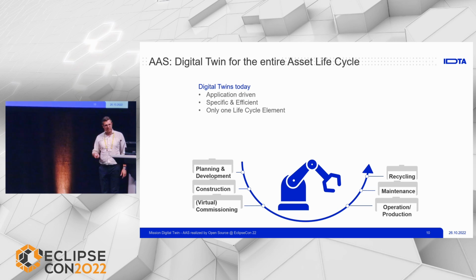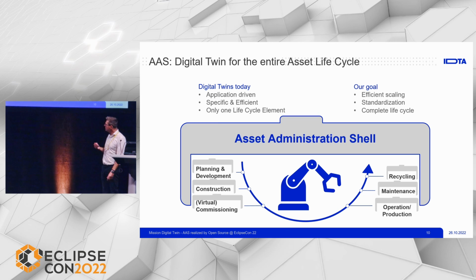But what's new with the asset administration shell? The idea is to make these different digital twins interoperable with each other. So we need one meta standard over these different digital twins for each life phase. And that's the so-called asset administration shell. And maybe now you understand this wording. When we talk about the asset, we mean the industrial goods.